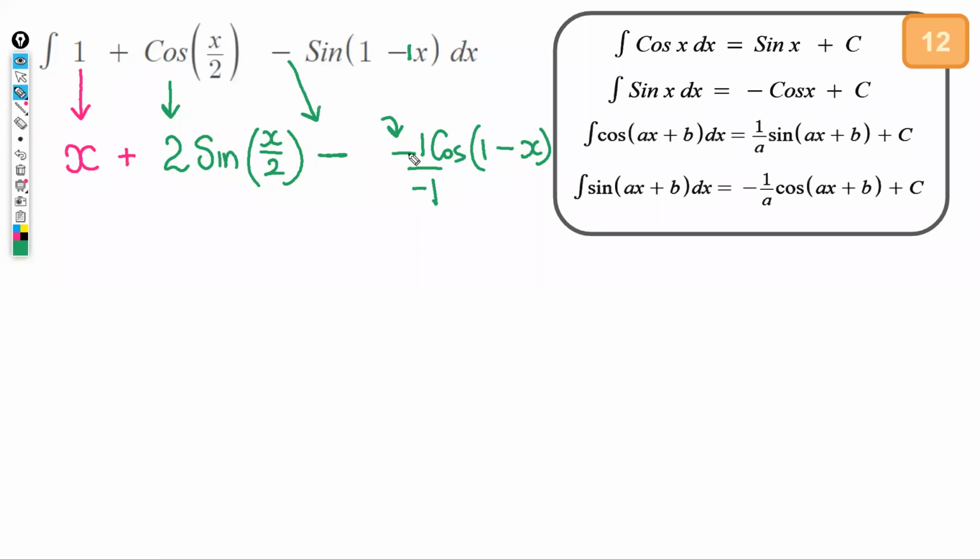When you integrate it, you get a next minus sign, and then you have to divide by minus 1. A minus and a minus is a plus. A plus divided by a minus is a minus. So this whole mess here boils down to a minus. 3 minuses give you back a minus. So this whole thing will boil down to this.